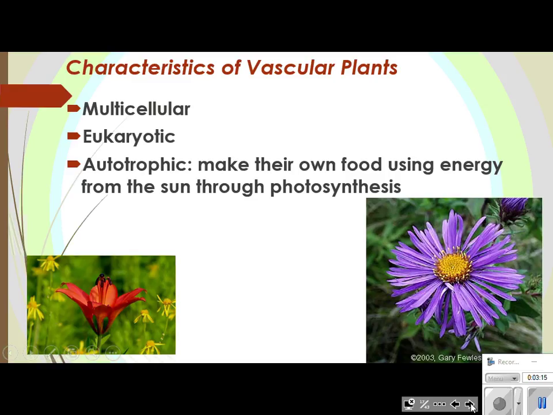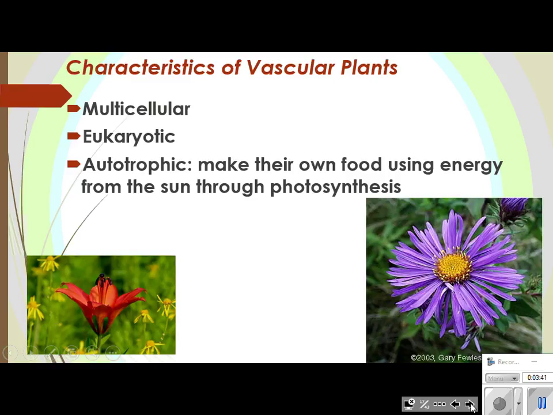Now, if you would glance back to your non-vascular notes, has anything changed yet? Is there any difference? Vascular and non-vascular plants are all multicellular, all eukaryotic, all autotrophs. So something's got to give.